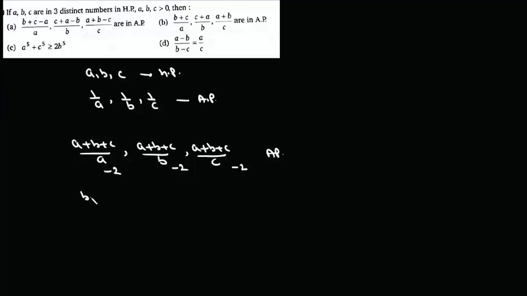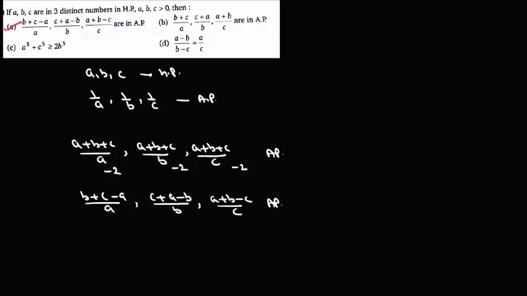So we can write B plus C minus A upon A, C plus A minus B upon B, and A plus B minus C upon C. It will also be an AP. That means this option A is correct.